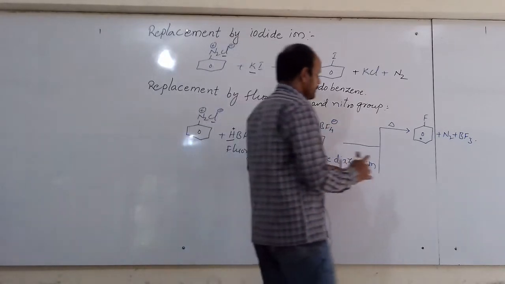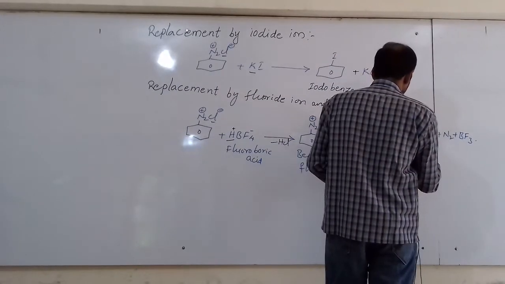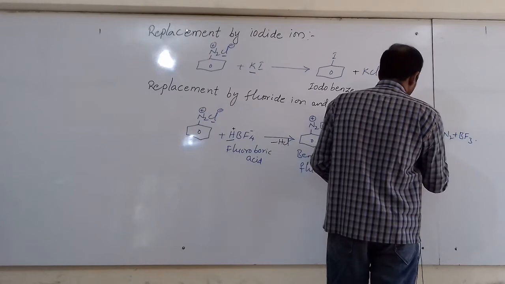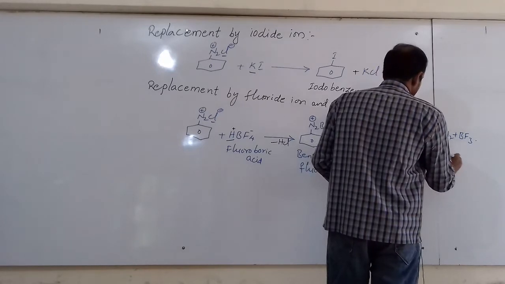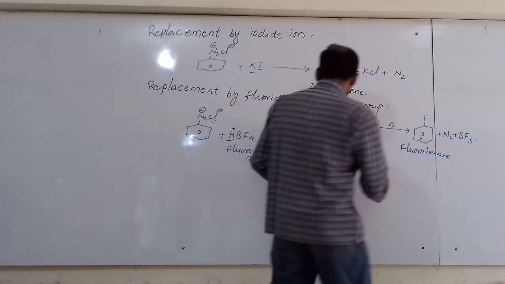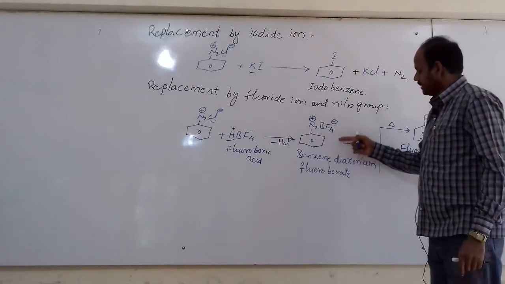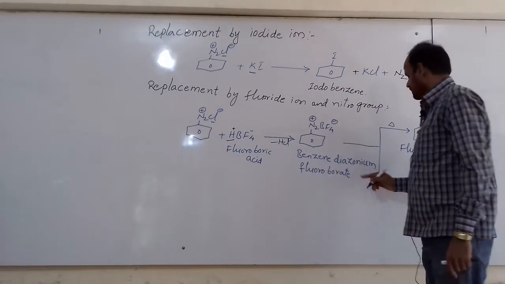Thus we get fluorobenzene, N2 gas is formed and BF3 is produced. What is the name? This is fluorobenzene.